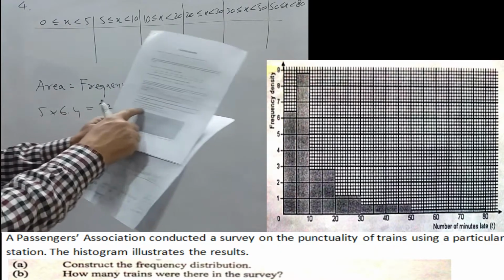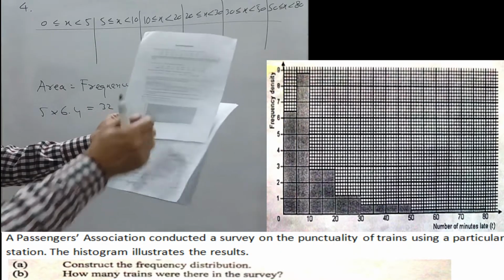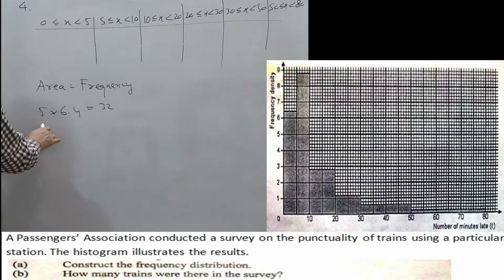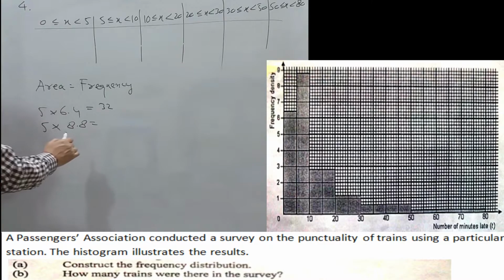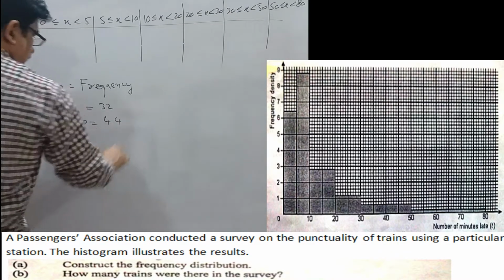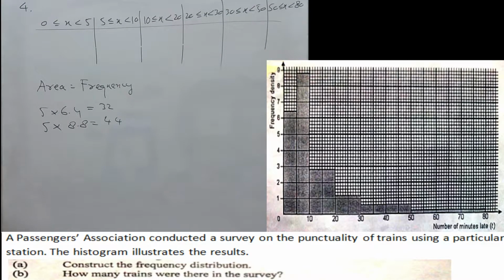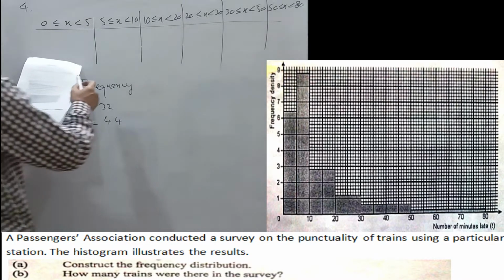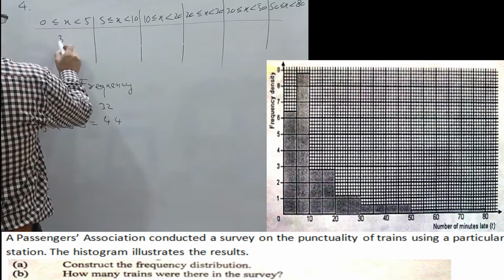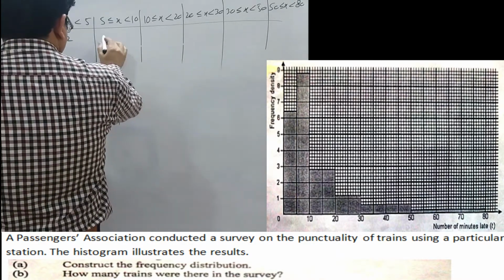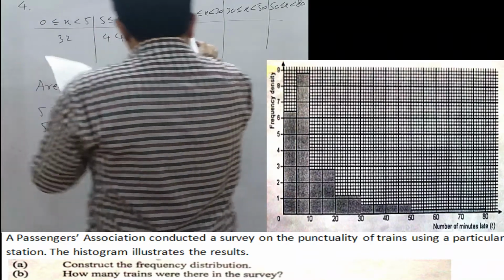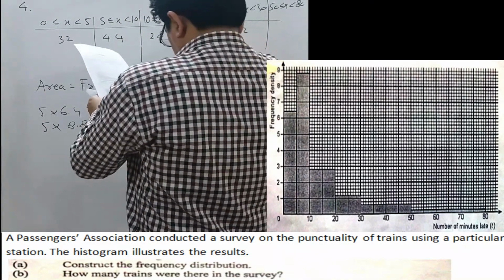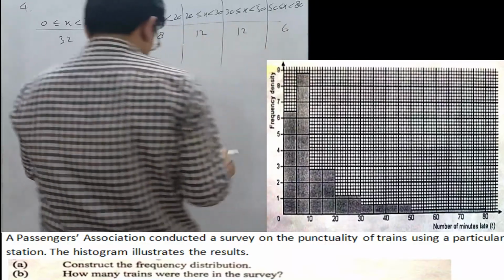Similarly, for the second rectangle, its width is 5. You multiply 5 with 8.8, you will get 44. So you go on multiplying, and you will get the frequencies to be 32, 44, 28, 12, 12 and 6.